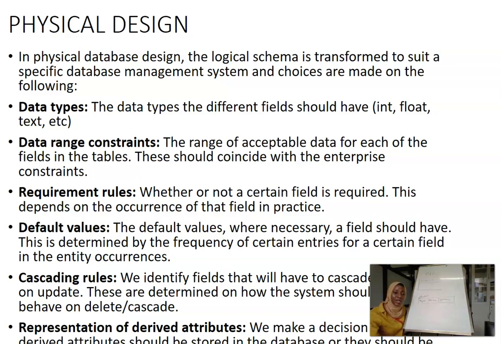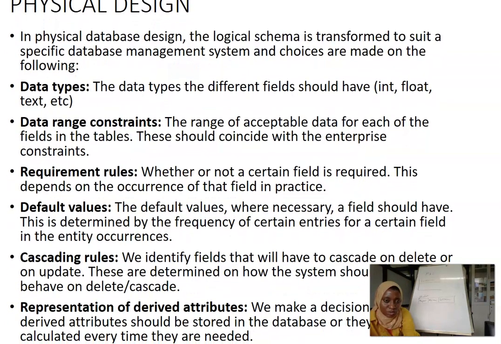If it is not required, is it unique? Is it a primary key? Then also which values are going to be default values. In other words, which particular field is going to have default values or not. Cascading rules. At the physical design, you need to ascertain what particular fields are going to cascade on updates or on deletion.